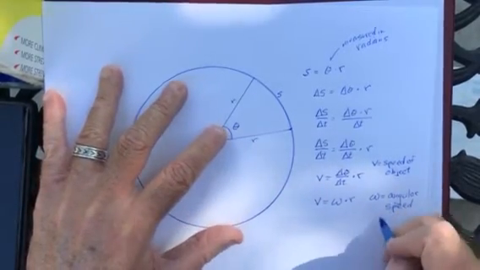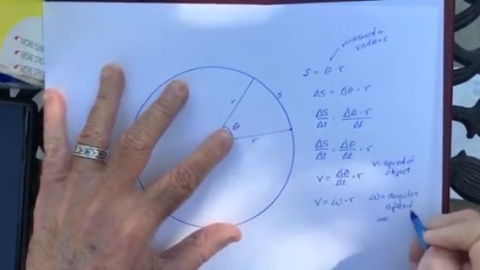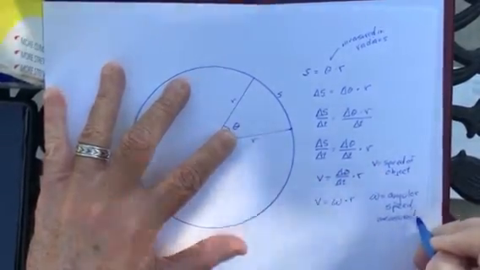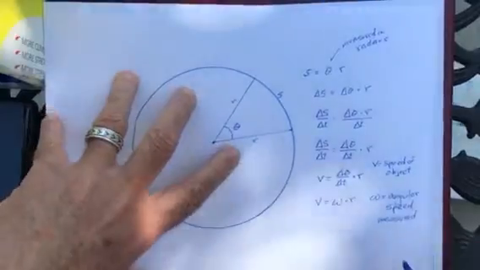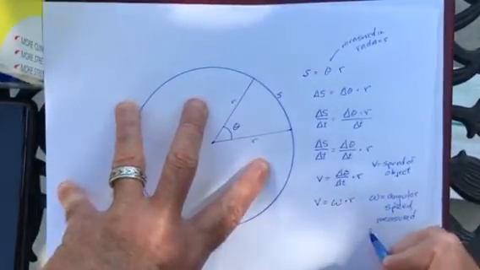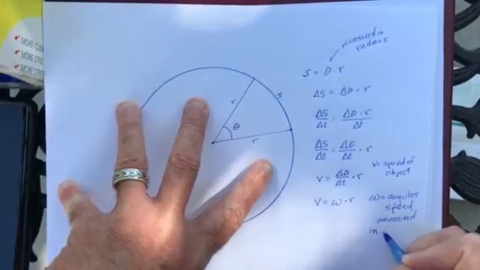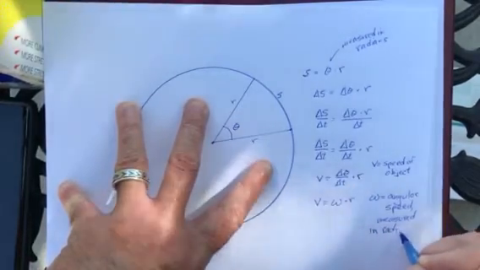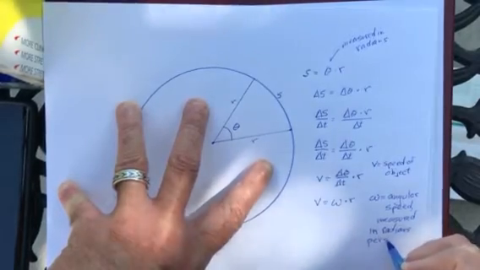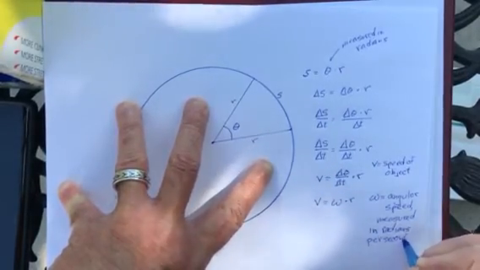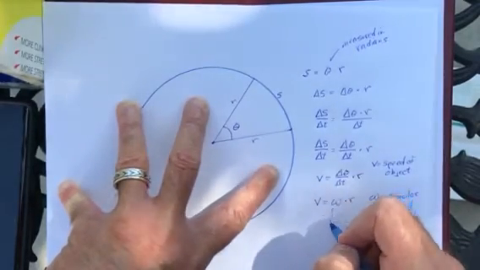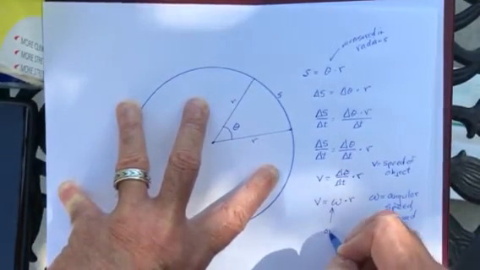That angular speed will be measured in radians per second. And so this is the angular speed, which is the Greek letter omega.